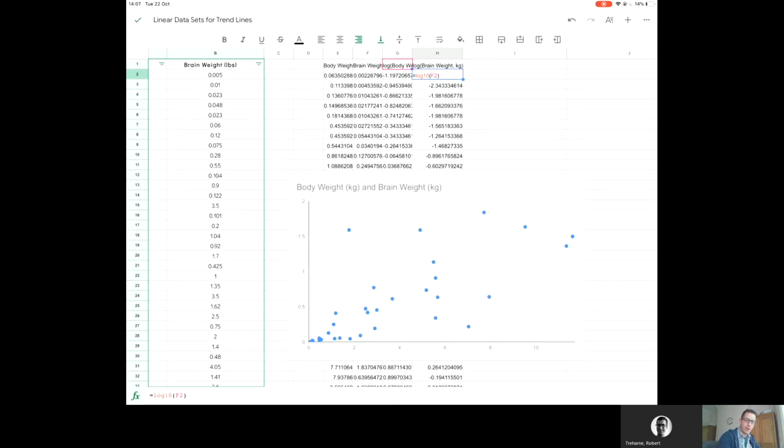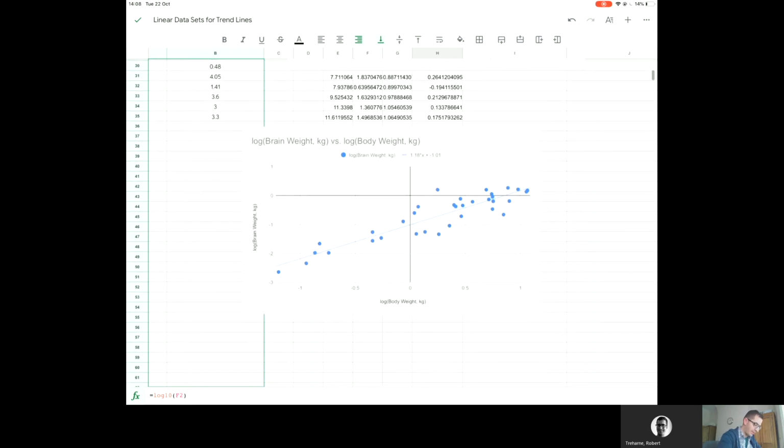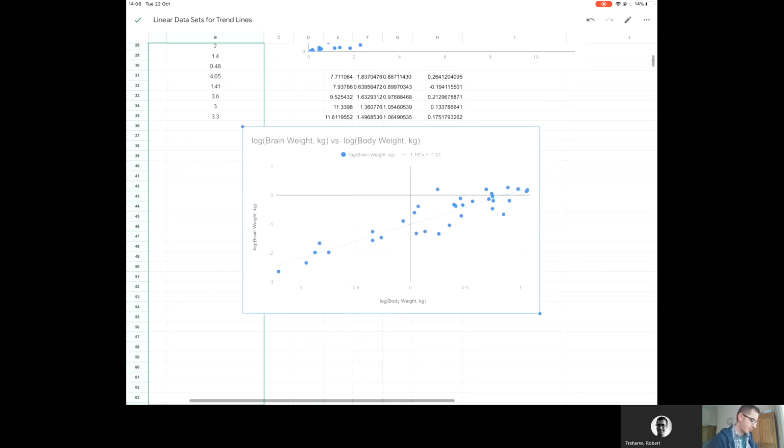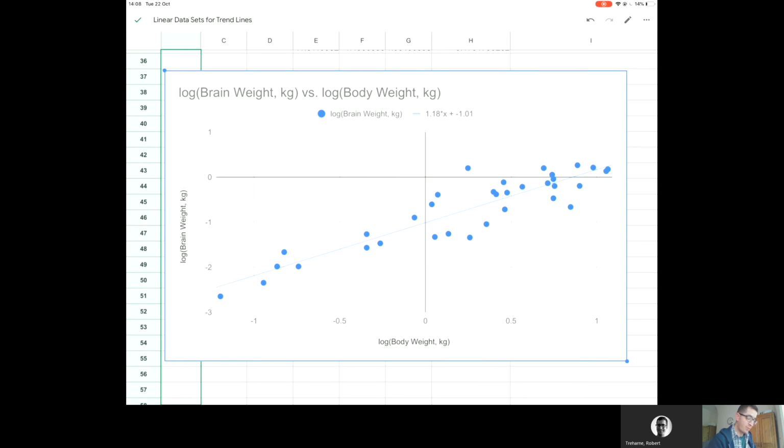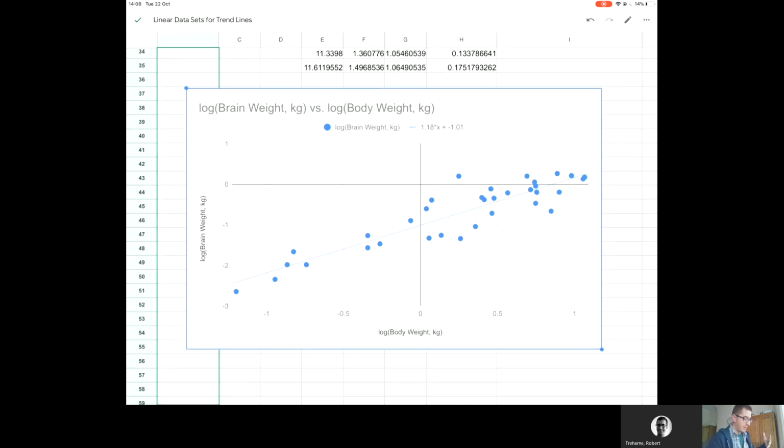Then I've highlighted both of those logged columns, and I've made another scatter plot, which looks like this. And now, I hope you will agree that that looks much more like a linear fit. The original direct fit between brain and body wasn't great, really, but the linear fit between the logs of both of those columns is much better.